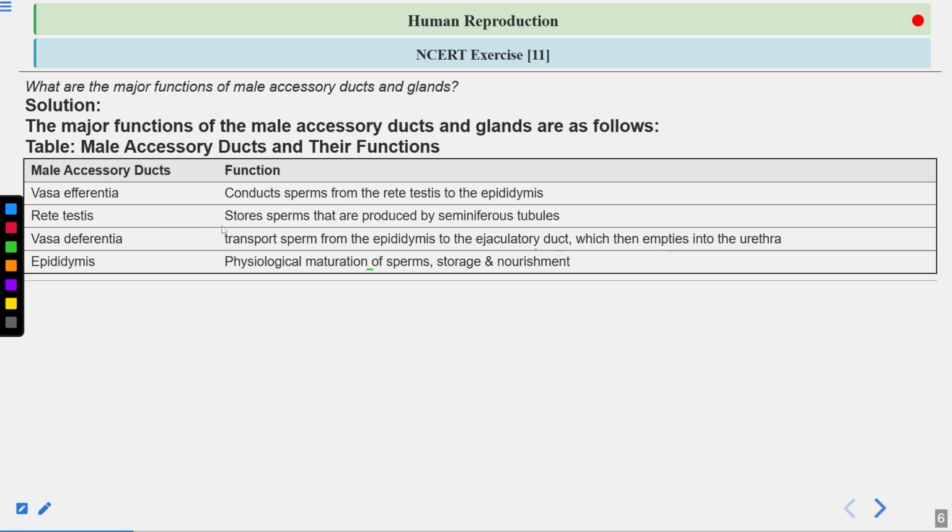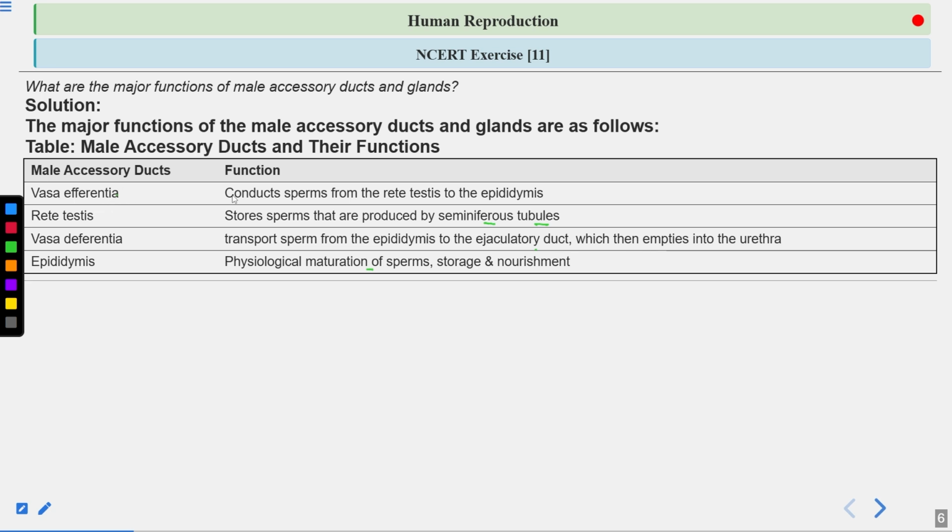What is the function of the rete testis? It stores sperms that are produced in the seminiferous tubules. These sperms are stored here in the rete testis. Then the sperms are transferred to the vas efferentia.